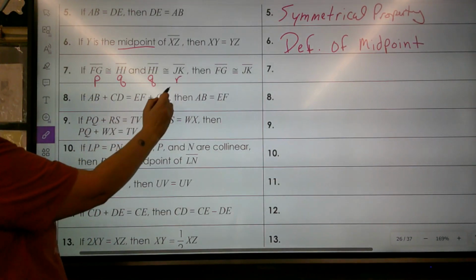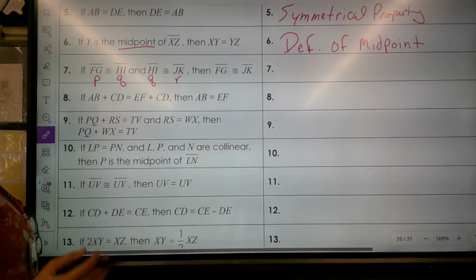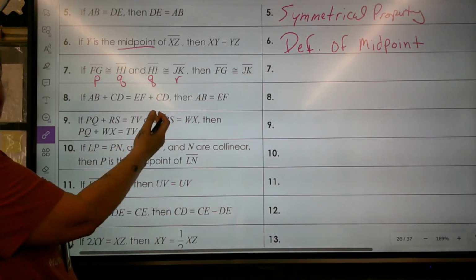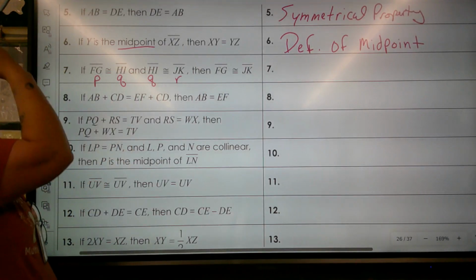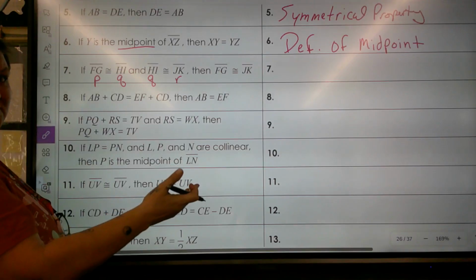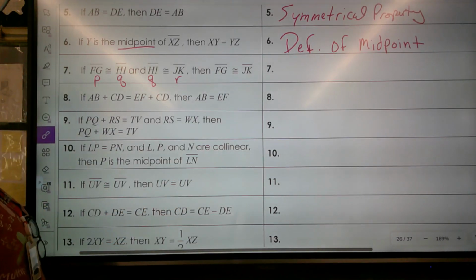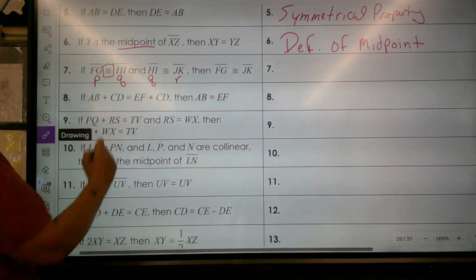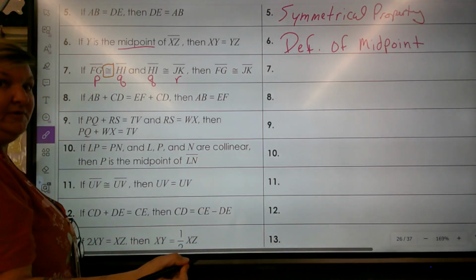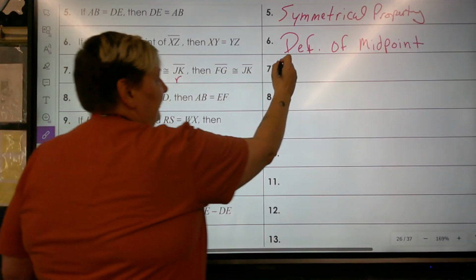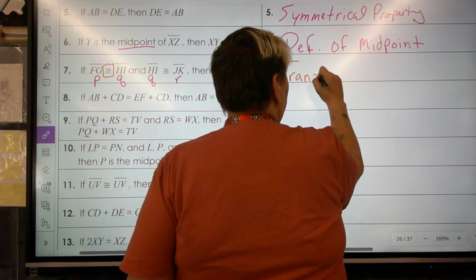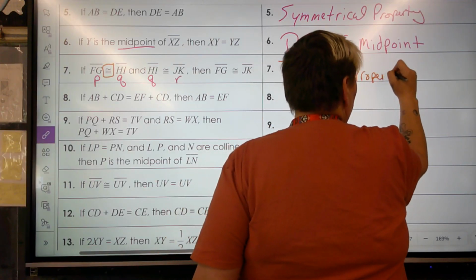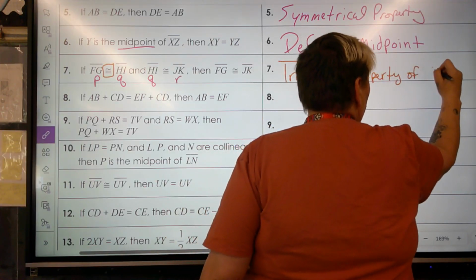You go straight from P to R. This is the law of syllogism again, but as it applies to algebra or segment proofs, it's just called the transitive property. And because we have the congruent symbol, we're going to say it's the transitive property of congruence.